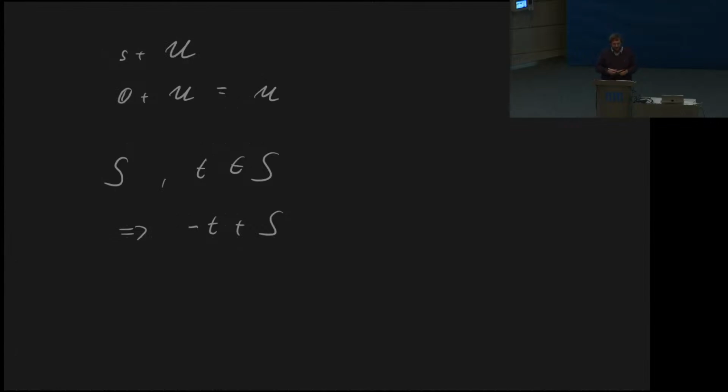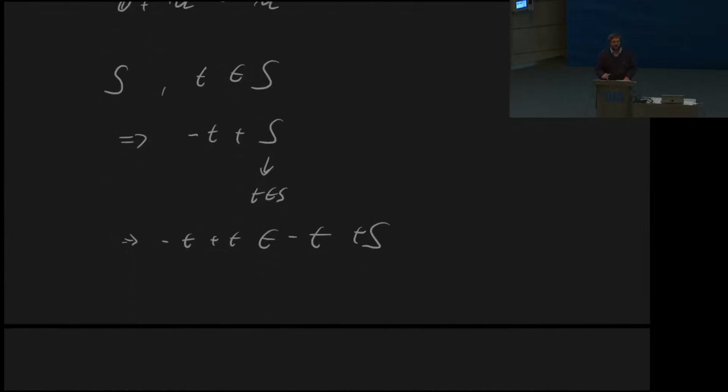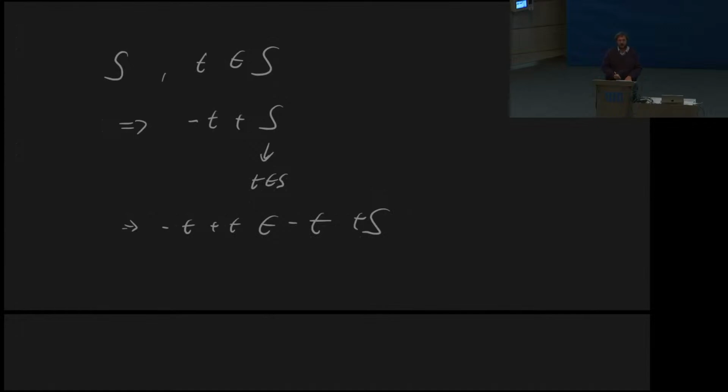It now will contain the origin because that element T is contained in S. So that means minus T plus T is contained in that set minus T plus S. And minus T plus T is just the origin. Right? So now my space does contain the origin, and then it's just the linear subspace that's left.